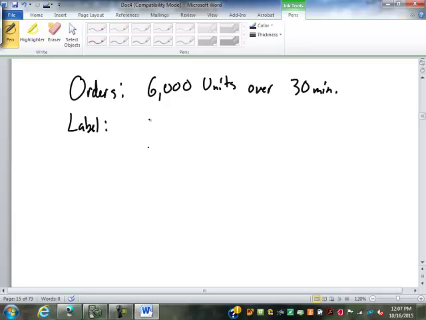The label states 1,000 units per liter. Sorry about that. 1,000 units per liter. A drop factor of 10 drops per milliliter.